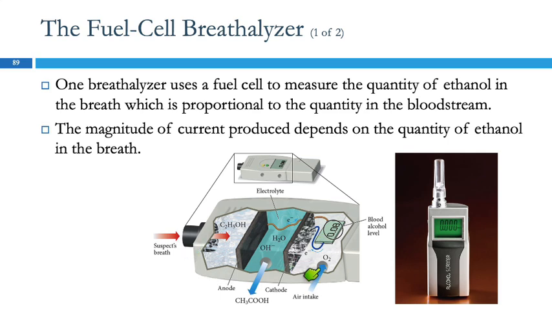So we have air intake coming in here, and your breath coming in there. And so the ethanol in your breath is going to cause the potential of this cell to be different. And so they can read your blood alcohol level just from your breath. It's pretty cool.